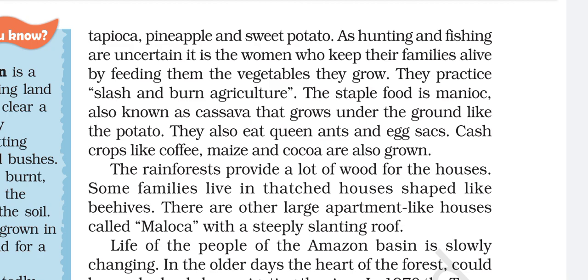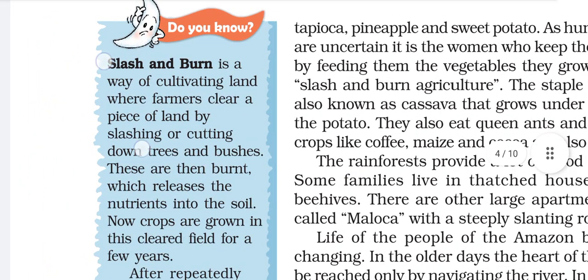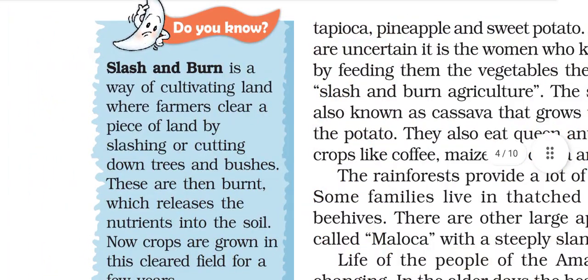They practice slash and burn agriculture, a very important term. And what is the meaning of slash and burn agriculture? It means, first of all, you have to clear the forest area for cultivating the land, for growing the crops that you need for your survival.